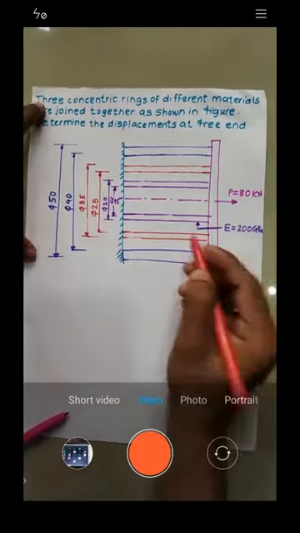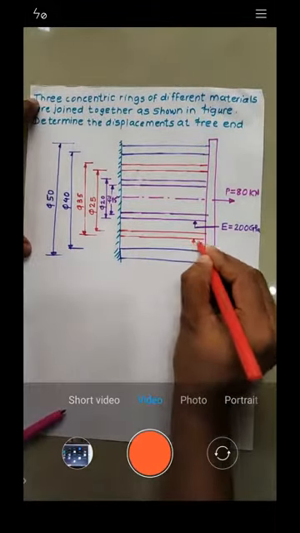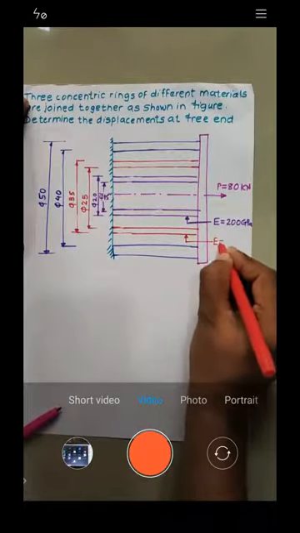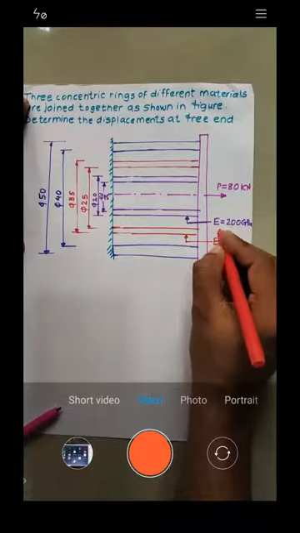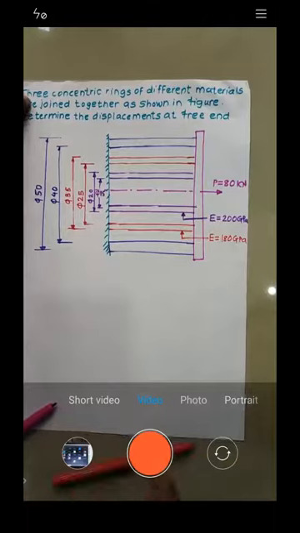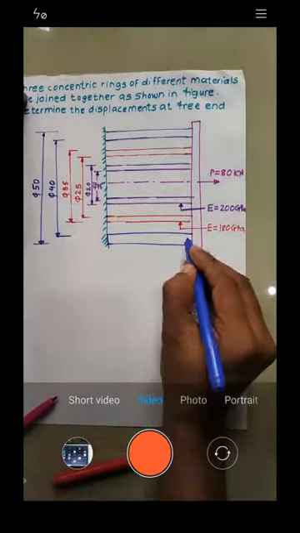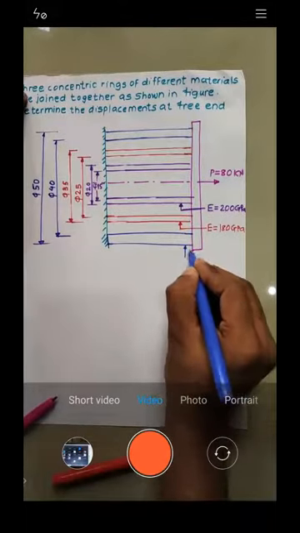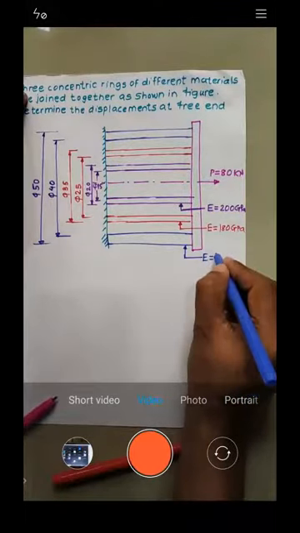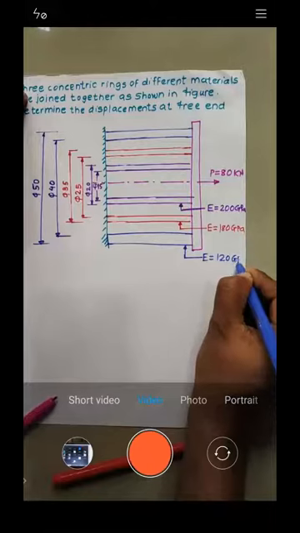Now the middle ring is made up of material with value of E as 180 gigapascal. And this one is made up of a material with E equal to 120 gigapascal.